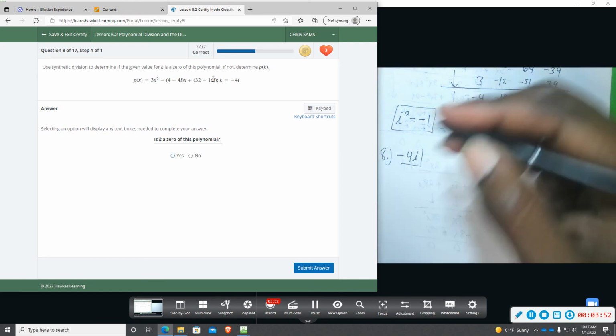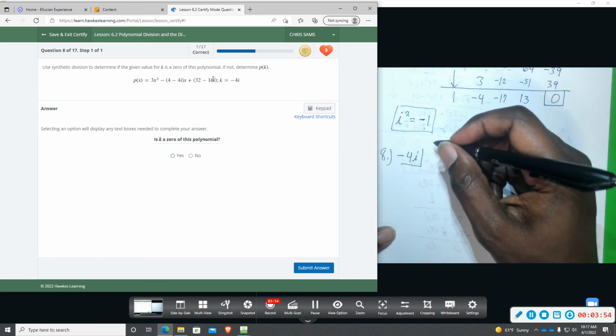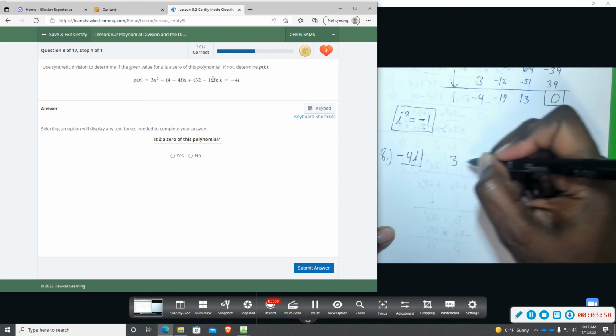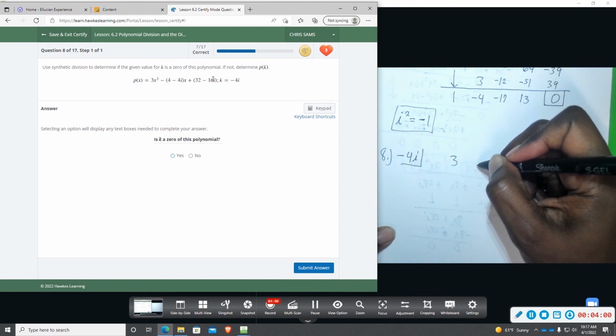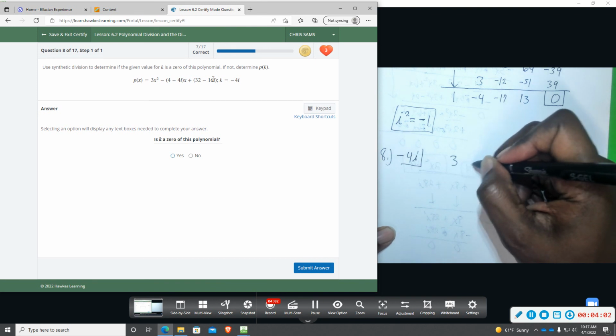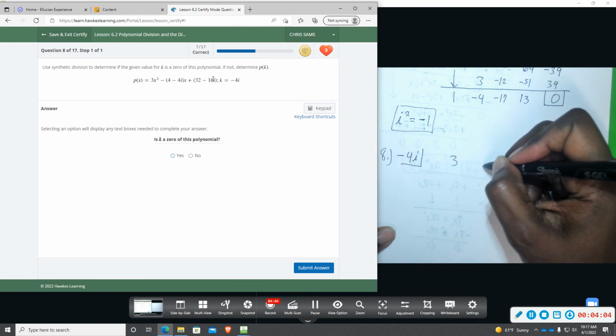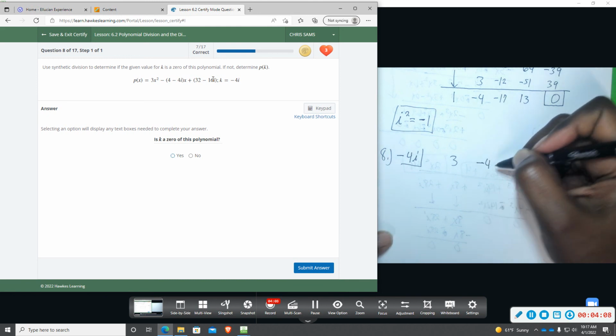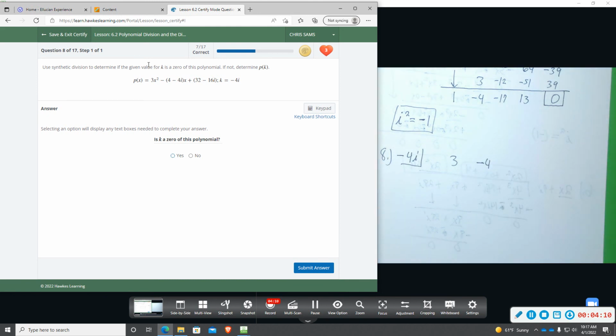So my leading coefficient on my x cubed is 3, and then I'm going to distribute that negative throughout. So I'm going to write a minus 4, and then distributing the negative to the minus 4i, that's going to become a plus 4i.